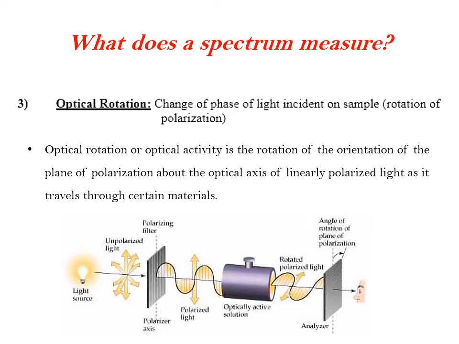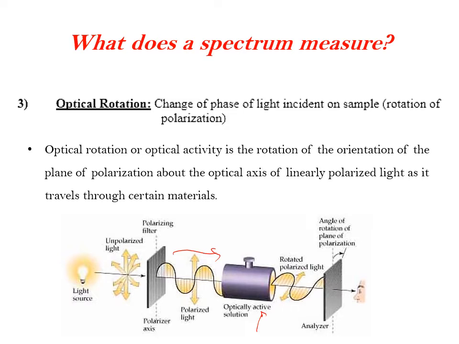For example, our hands don't have mirror symmetry. So molecules or objects that don't have a mirror symmetry are called chiral materials, and in these chiral materials optical activity can occur. That means when you apply light of a specific polarization to a sample, the optically active solution will change the polarization of the light.